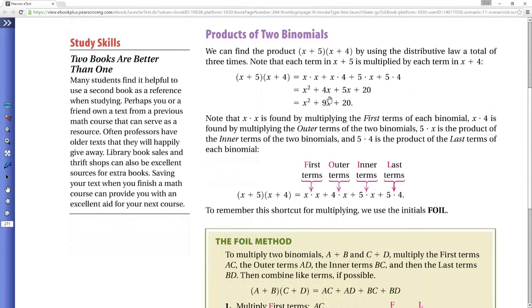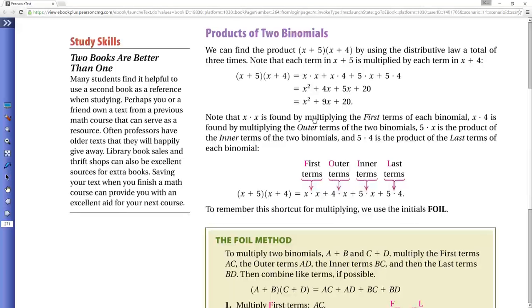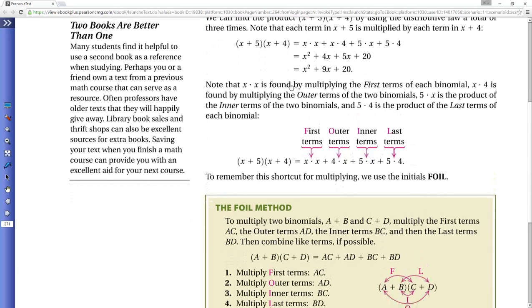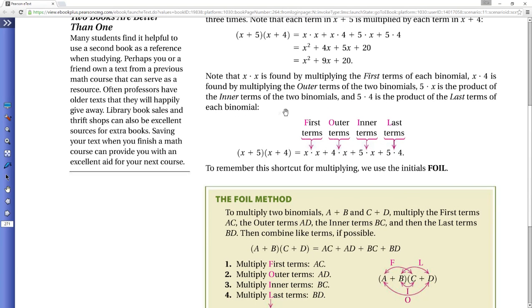They go through this and they say, hey, these middle terms here we can add, they're like terms. They're going to set up a method using a mnemonic, really, of FOIL, which is first, outer, inner, last.